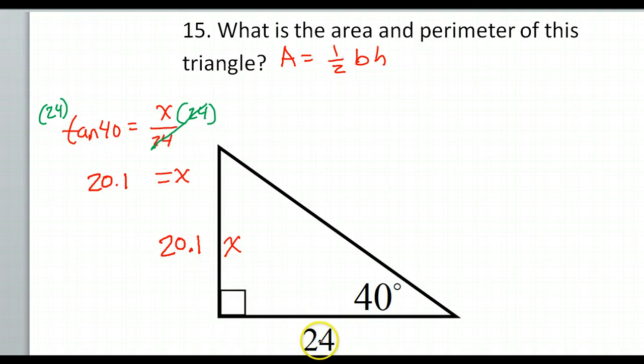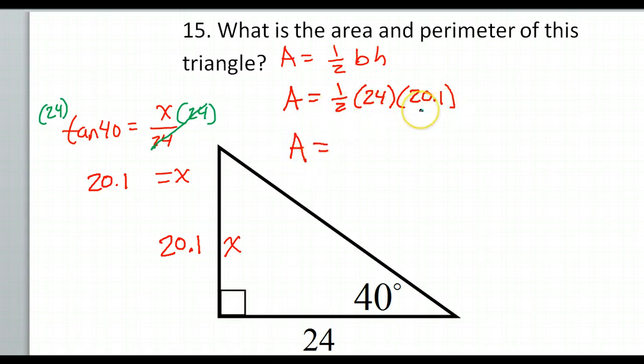So I've got the base and the height. So I could go back and find the area now. So the area is going to be 1/2 base times height. So that means the area is, I'm just going to put this in my calculator, so that's 241.2 square units, whatever the units are.